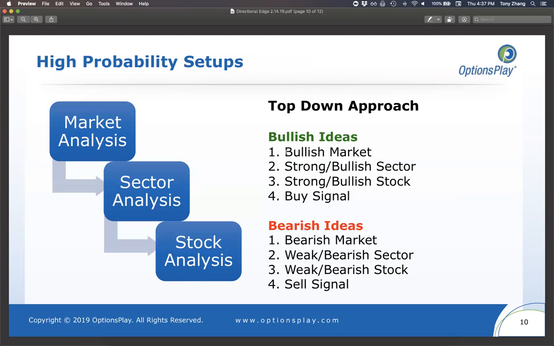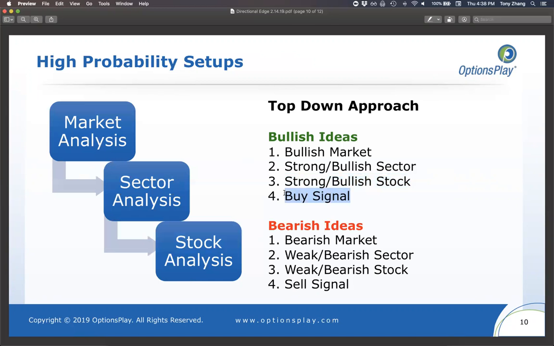So when we're looking for bullish opportunities, we really want markets that are relatively oversold so that they have a strong chance of moving higher. We're looking for a strong bullish sector in a strong bullish market, and then we try to find a strong bullish stock within that strong sector that also generates some kind of buy signal. And when I talk about buy signal, this could be a variety of buy signals.